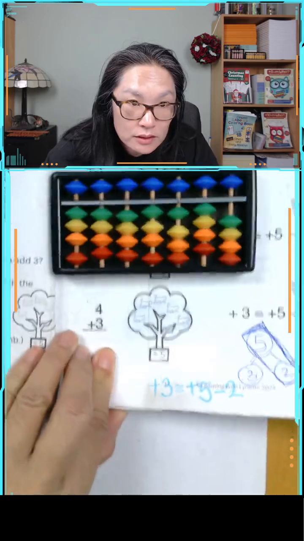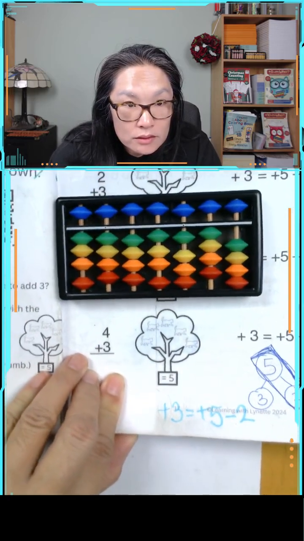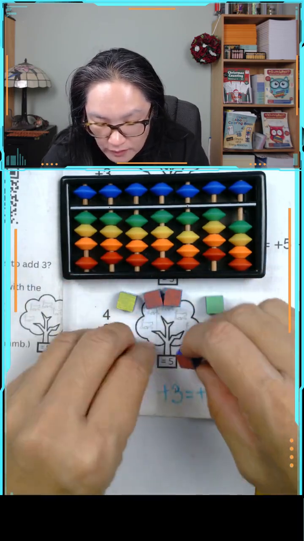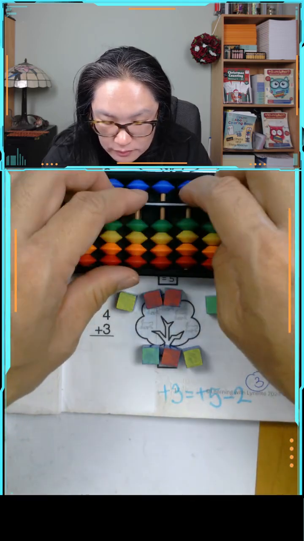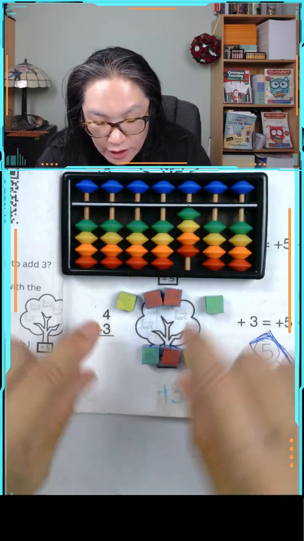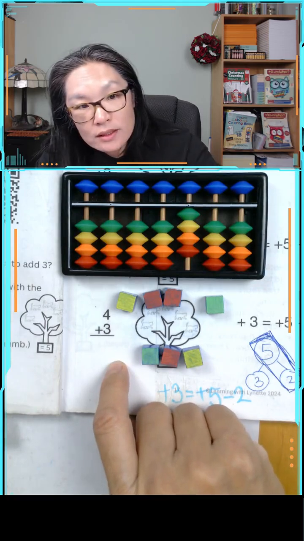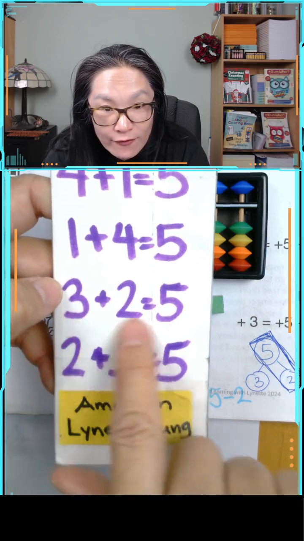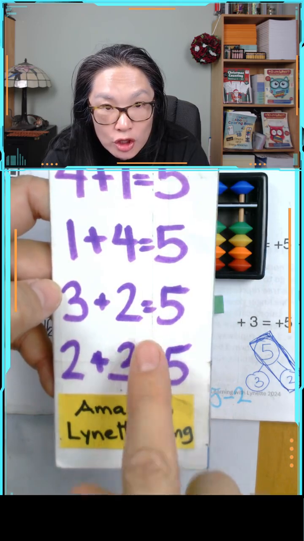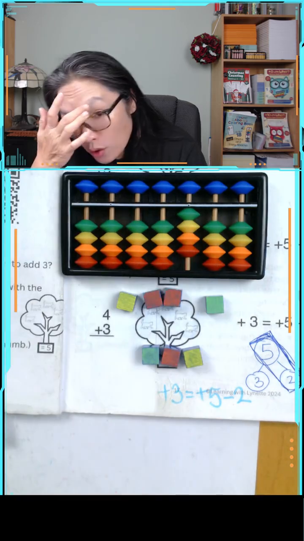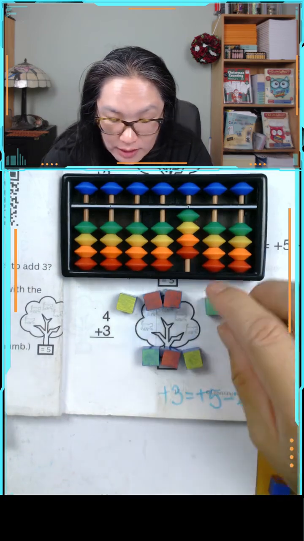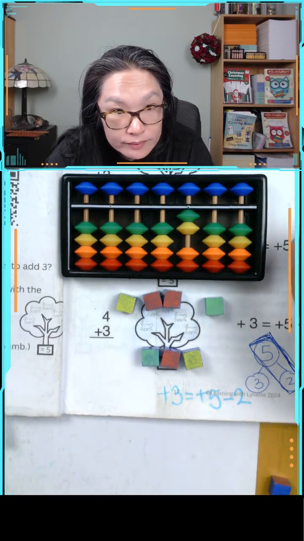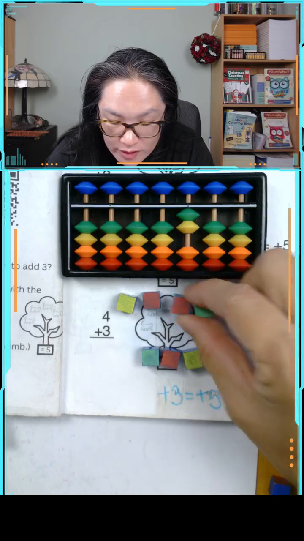We could do it again. We have 4 on the abacus. I want to add 3. How do you add 3? We know on the abacus that to make a 5 with a 3, you need a 2. The 2 has to come from somewhere. The 2 comes from the first number.